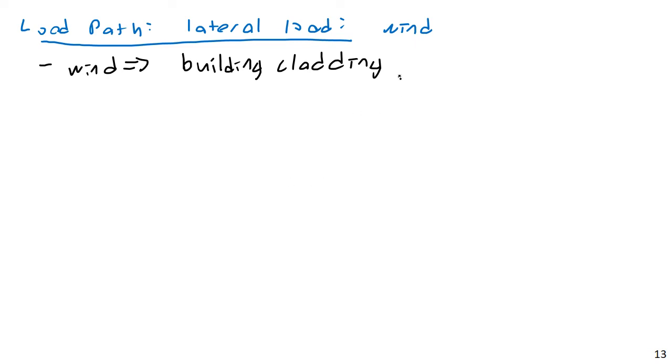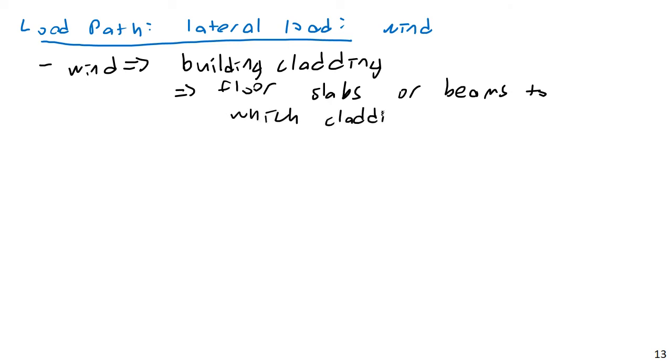Then, usually it would be applied to the floor slabs to which the cladding is affixed, or beams to which cladding is attached. Then it will go to the columns. Then it will go to the foundation.